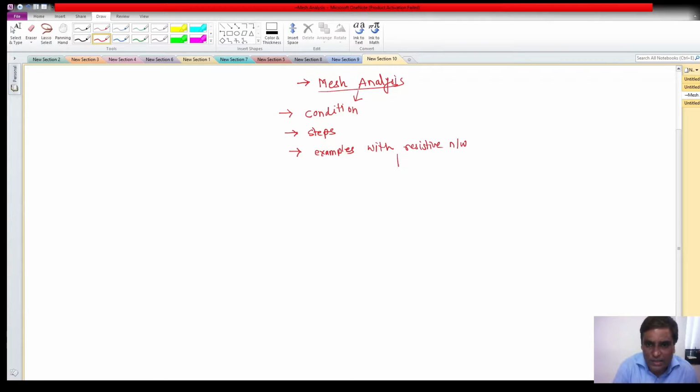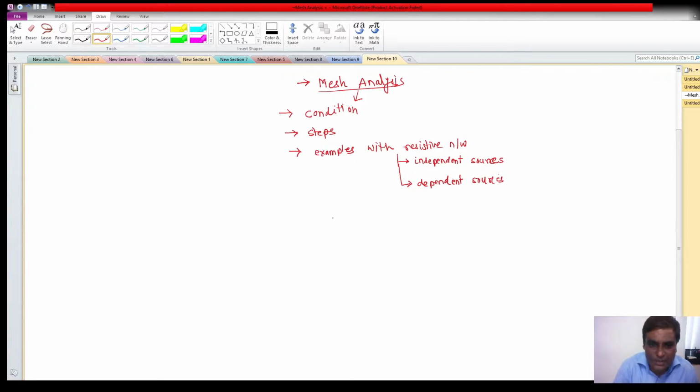and there we'll see circuits with resistive elements that consist of independent sources, and also we will write the equations for a network with resistive elements when it consists of dependent sources.